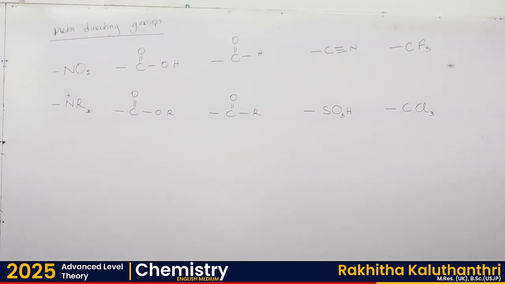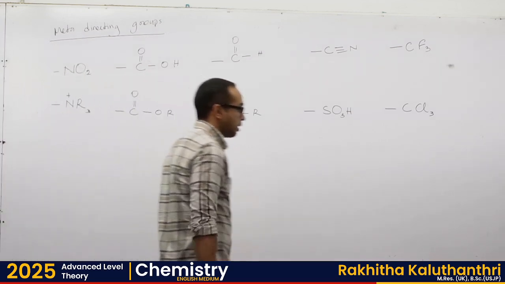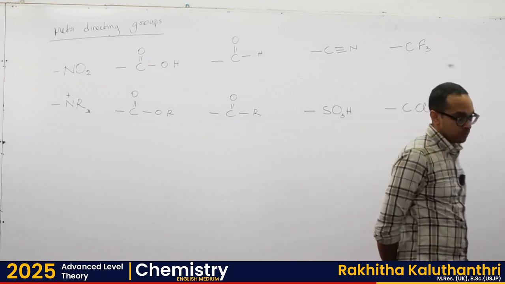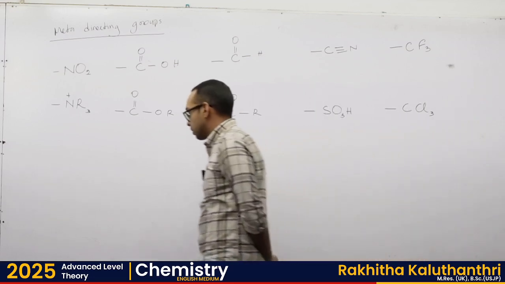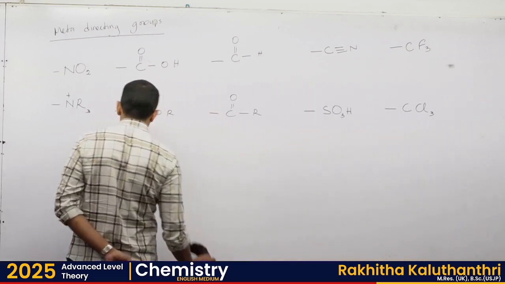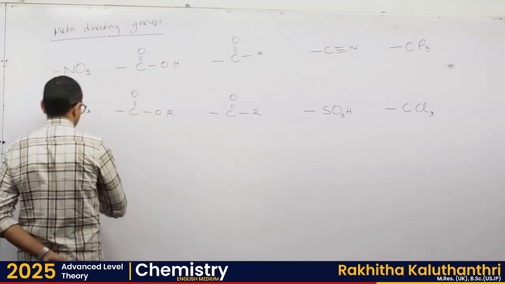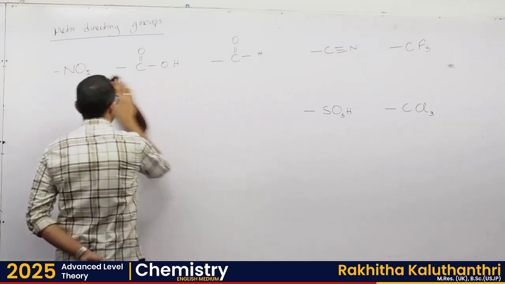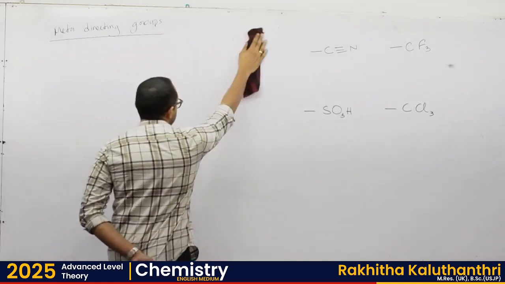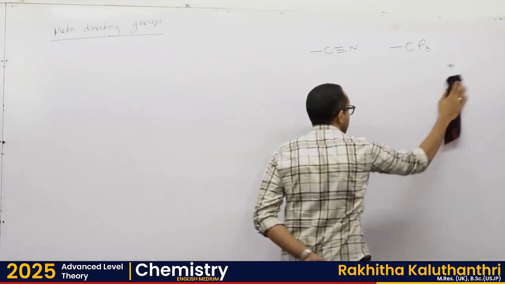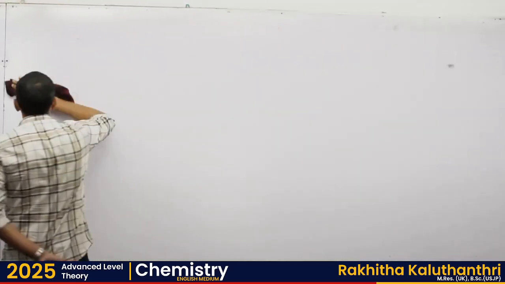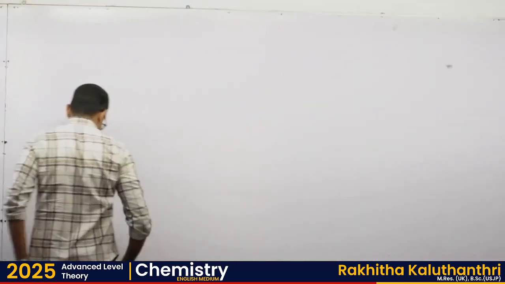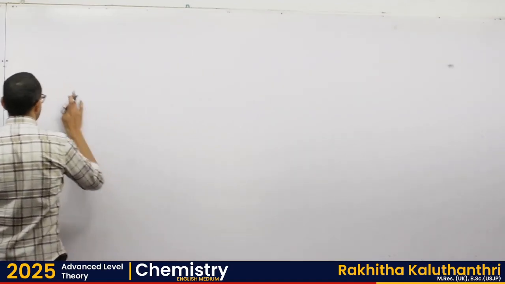You can write, meta directors are capable of withdrawing electrons from the benzene ring, resulting in decreasing the electron density of the benzene ring. Decreasing electron density of the benzene ring.